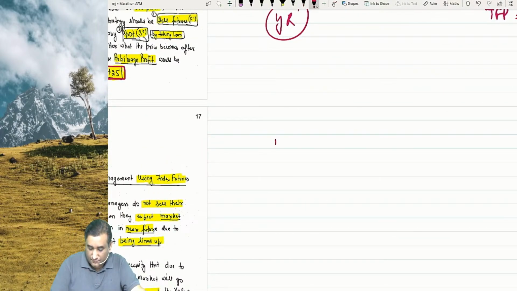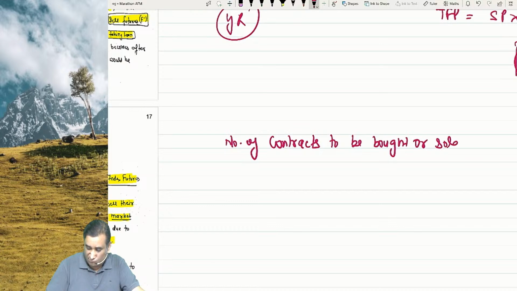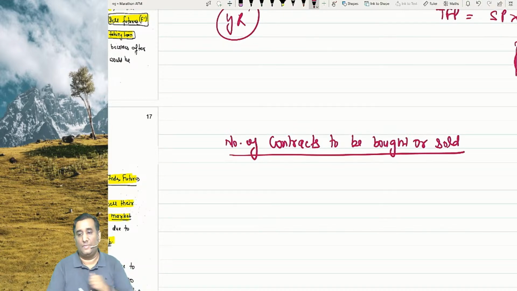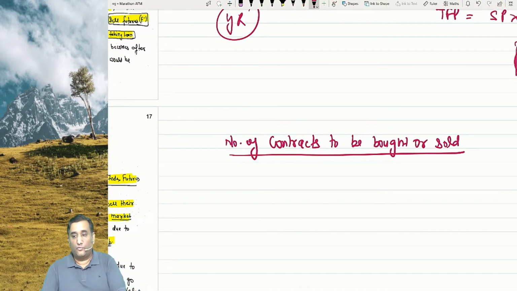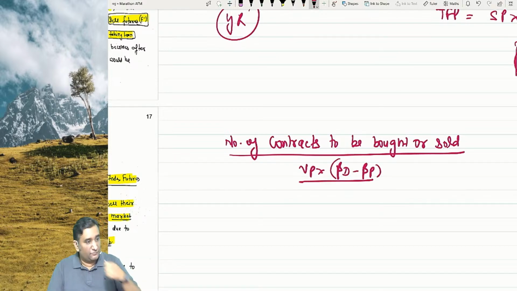Number of contracts to be bought or sold equals value of portfolio at desired beta minus value of portfolio at existing beta, divided by futures price into lot size.